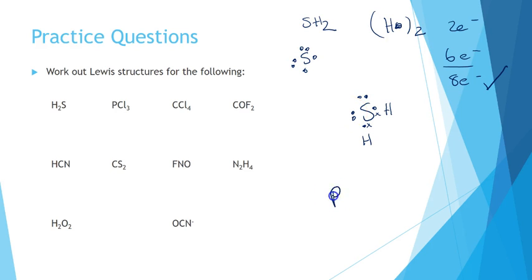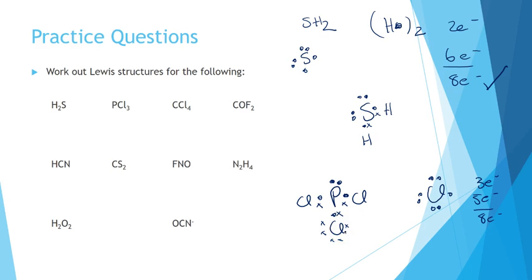Okay, let's look at phosphorus. Phosphorus will have 1, 2, 3, 4, 5 valence electrons. Chlorine is going to have 1, 2, 3, 4, 5, 6, and 7. So I'm going to have 3 chlorines, which will give me 3 electrons. Phosphorus will give me 5 electrons. Again, I'm going to have 8 electrons in total. This time my chlorines will form my 3 bonds.